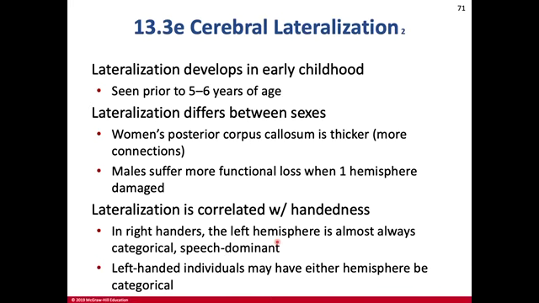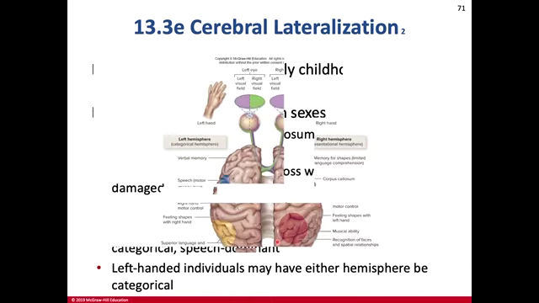So in a female brain, you split the stuff out more often. In a male brain, it's on one side or the other more often, okay? And so that means that your stroke recovery is going to be different, okay? And it's not that one setup is better than the other, it's just that they're different, okay?